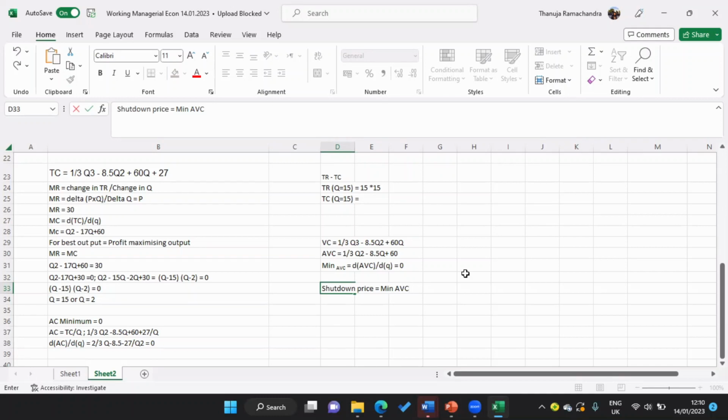So therefore, if the price comes down below that, it will be shutting down, right? So the shutdown price is minimum AVC. Okay. Now AVC minimum we can get from this.